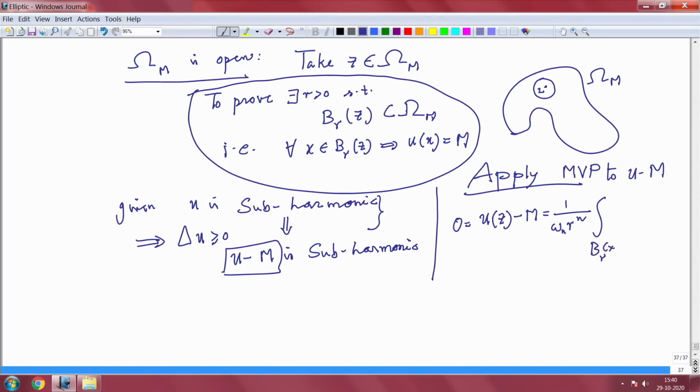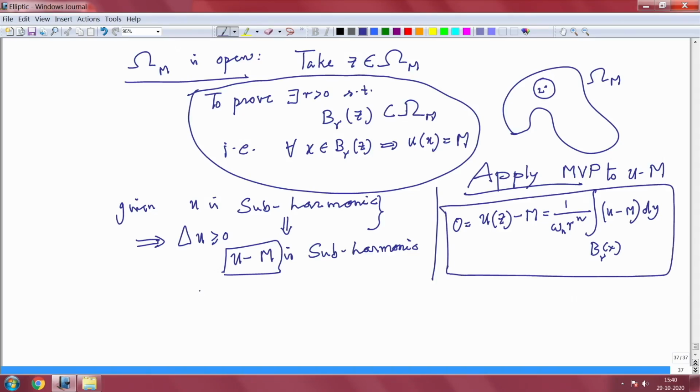This is true because it is subharmonic everywhere. In a ball, you are applying this to u minus m, so I will have the integral of u minus m dy. So this is the result, we get it immediately by the mean value theorem.